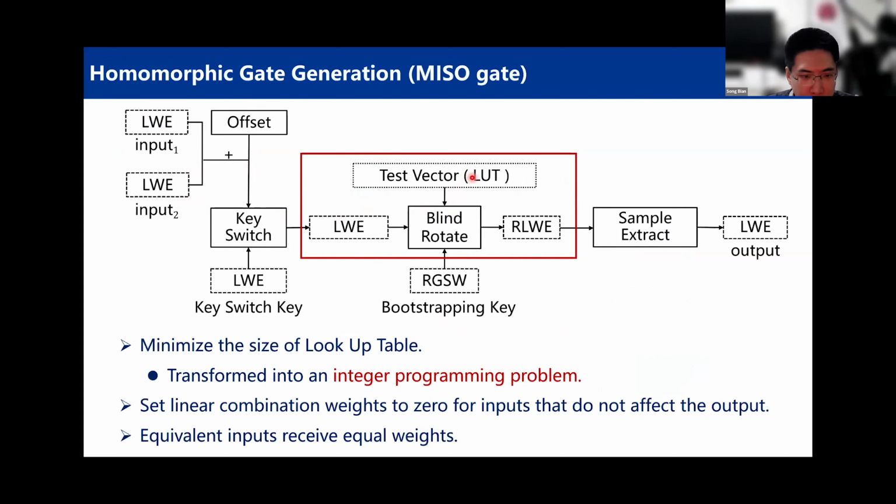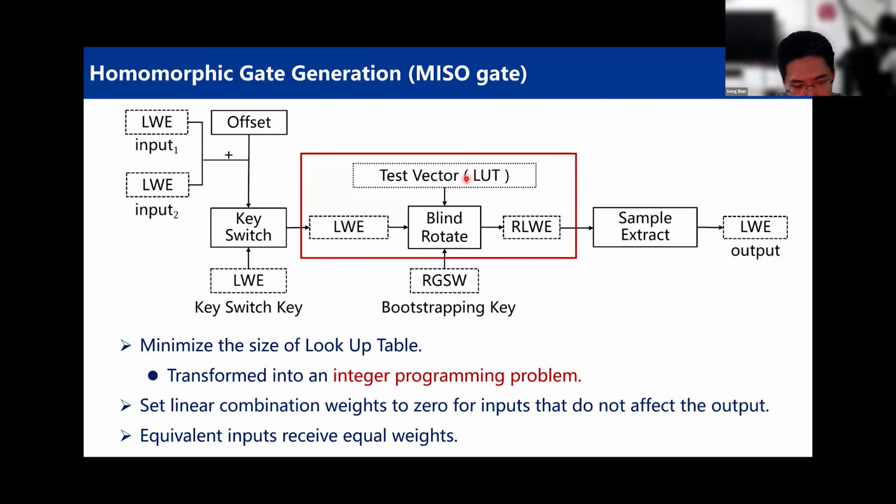So the optimization problem is: given a functionality, when you are given a truth table, how can you arrange those values such that your test vector is the shortest? There are a lot of interesting tricks. For example, if you have a gate whose output is completely irrelevant to its input, you don't have to do any computation; you just output the predetermined value.